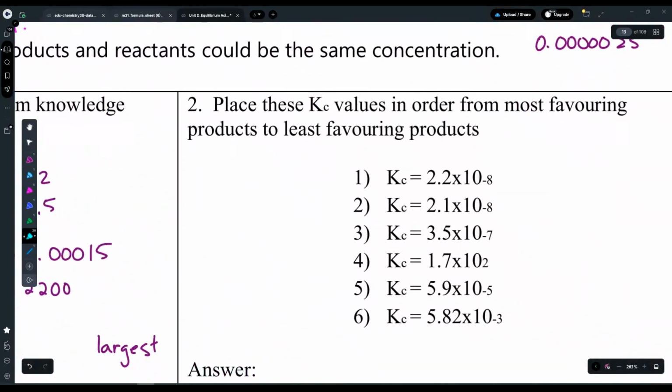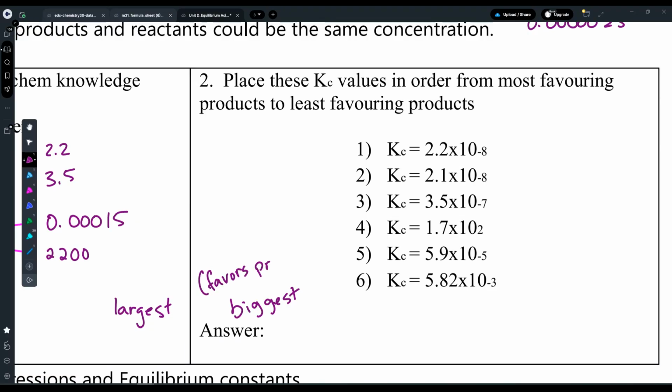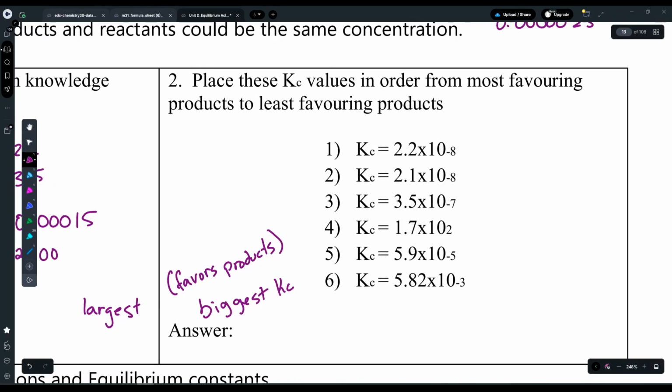Since we're starting with most favoring products, that means we're starting with our biggest number, and we're going to our lowest equilibrium constant, which would be least favoring the products.